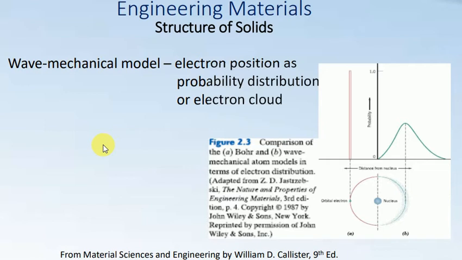So essentially, while the Bohr model just informs about one particular orbit for the electrons to revolve or to be present, the wave mechanical model tells us that depending upon the energy or the interaction, the electron can be in a state a little higher than this Bohr state, or it may be a little less.